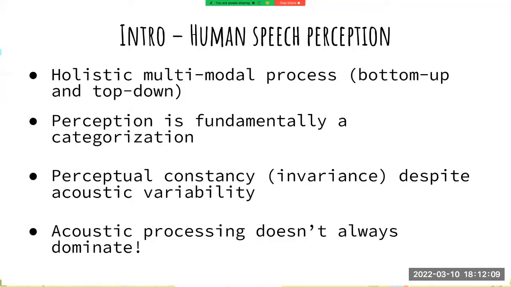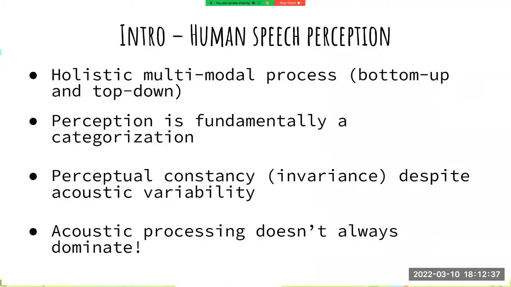Again, given my background, I just want to give some information about human speech perception. We don't call it speech recognition, but perception, because we use our senses, right? We perceive the environment, and pretty much the entire brain participates.